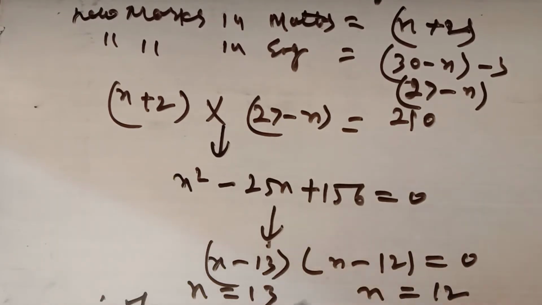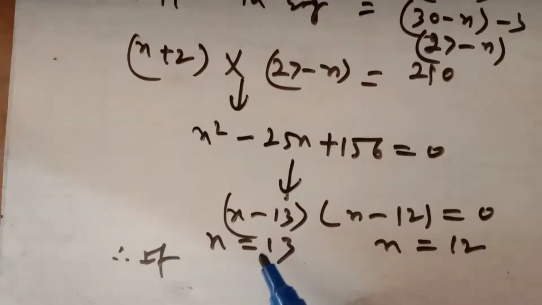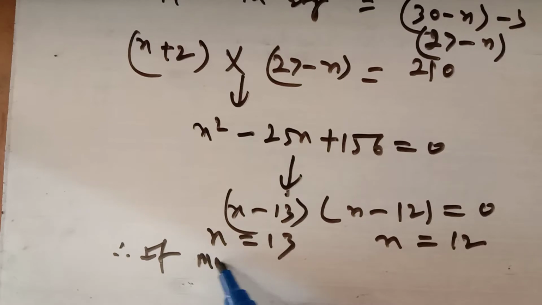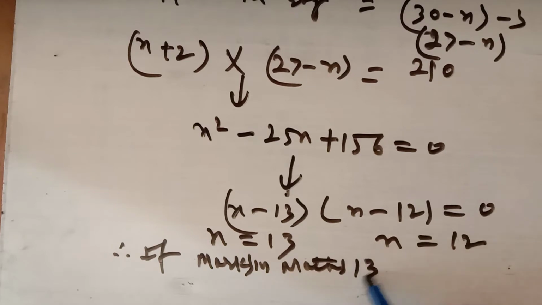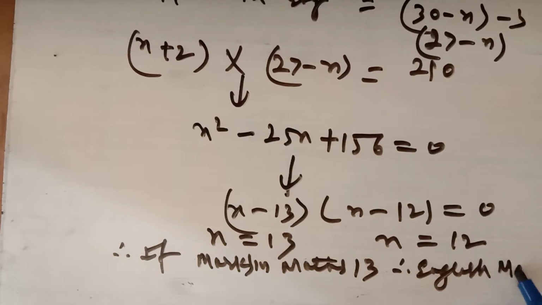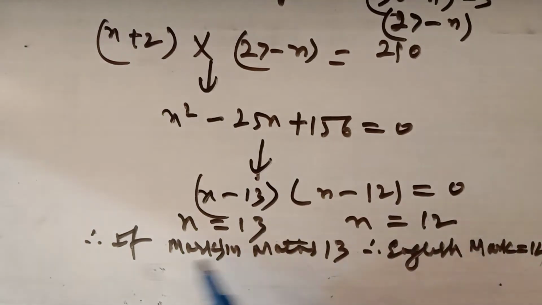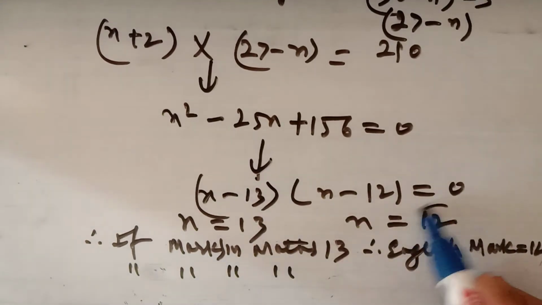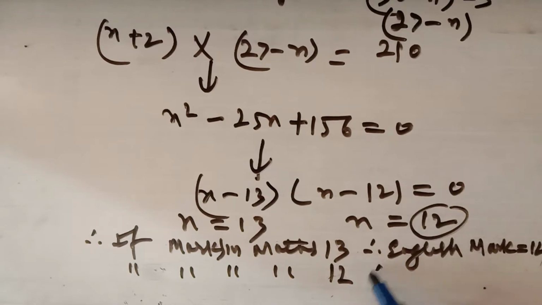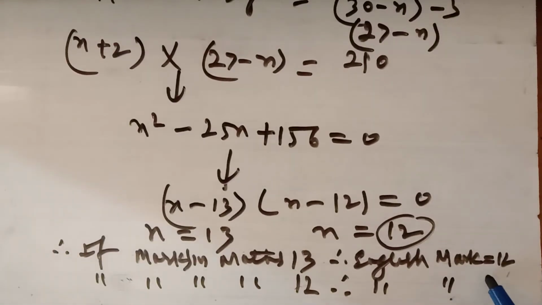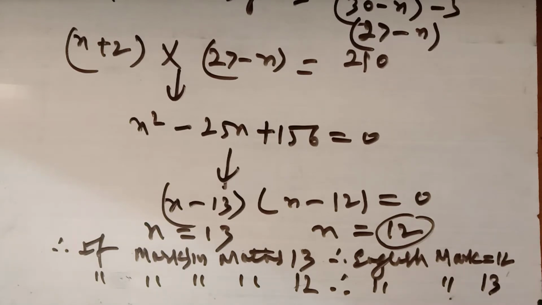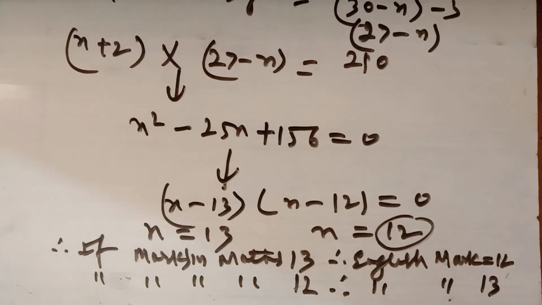If the marks in maths are 13, then the English marks will be 12. Now if the marks in maths are 12, because you let x be the marks in maths, then the English marks will be 13, that is 30 minus 12. So the marks are 13 and 12.